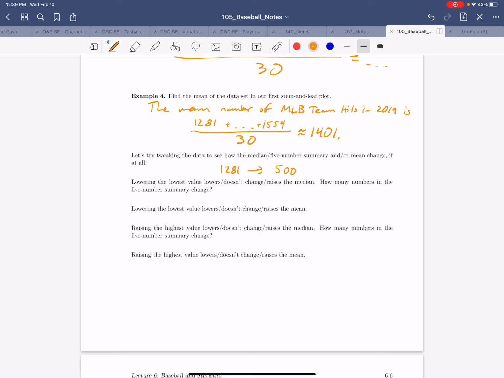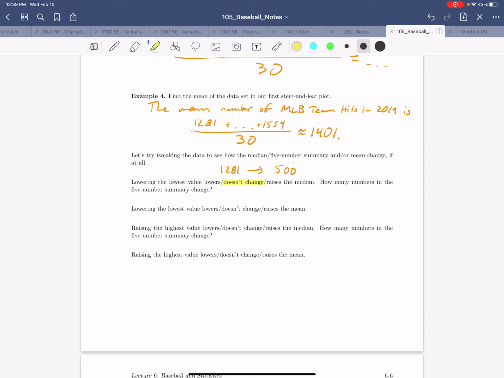Would any of the other 5-number summary numbers change? No, they would not. Right? The minimum getting lower affects only the minimum. The first quartile is the same. The median is the same. The third quartile, the maximum, they're still the same. So, let me actually use a highlighter in this case.